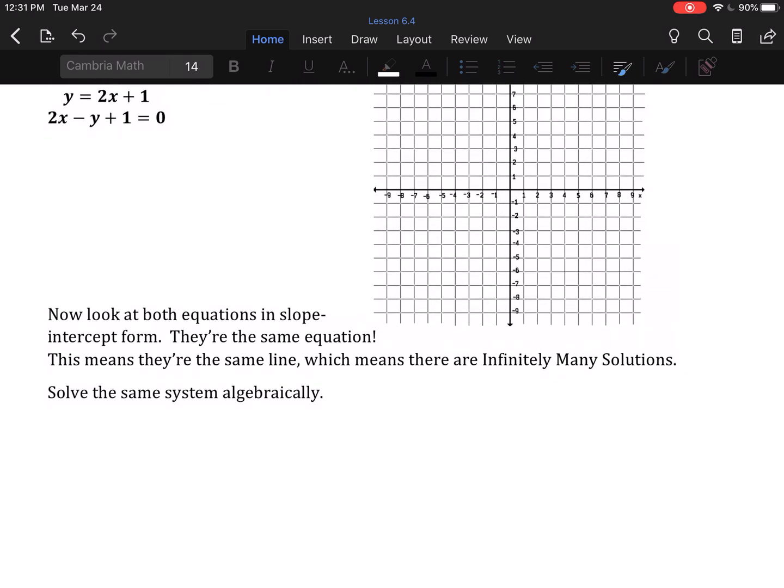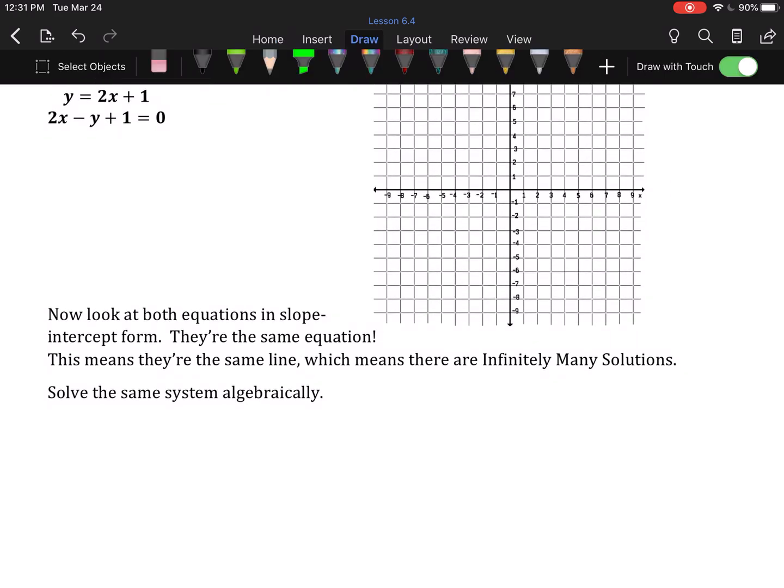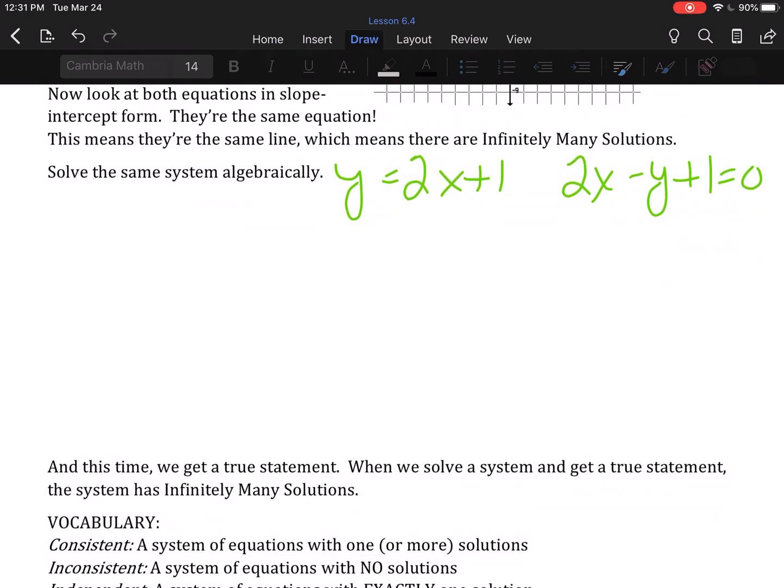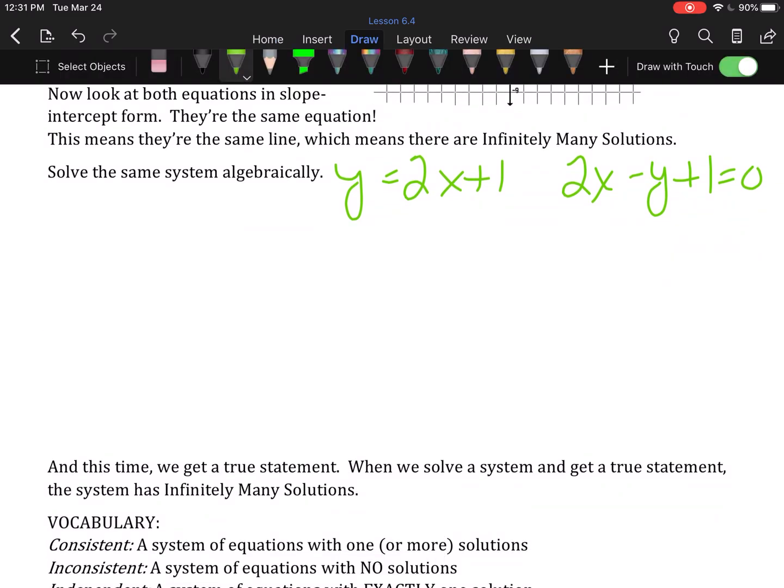So let's see what happens when we use algebra. Again, I'm going to copy the equations, and this is again set up for substitution. I know that because one of my equations says y equals. I'm going to rewrite the equation that doesn't say y equals: 2x minus y. Instead of y, we have 2x plus 1. And yes, that has to go in parentheses. There's a reason for that.